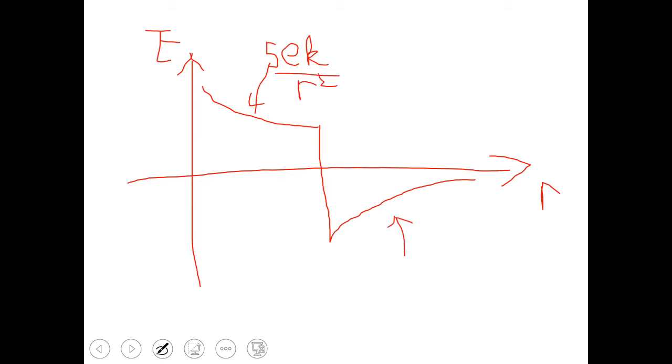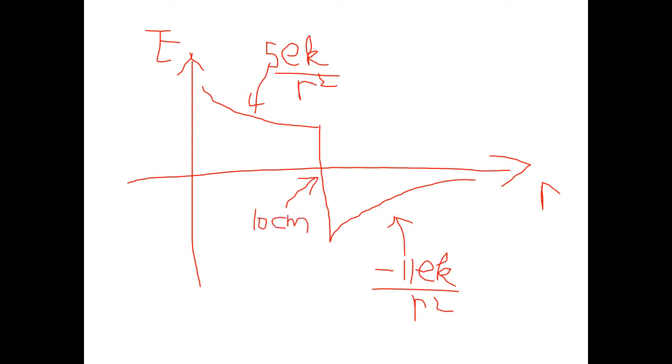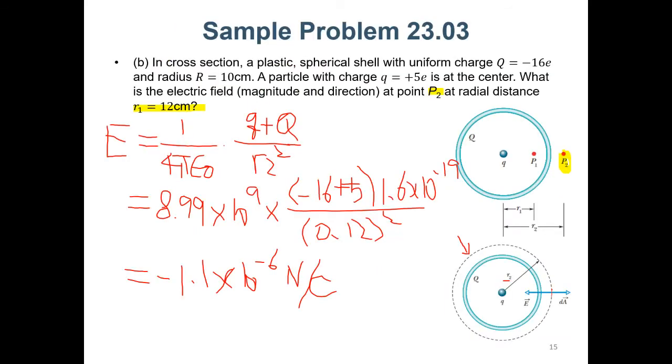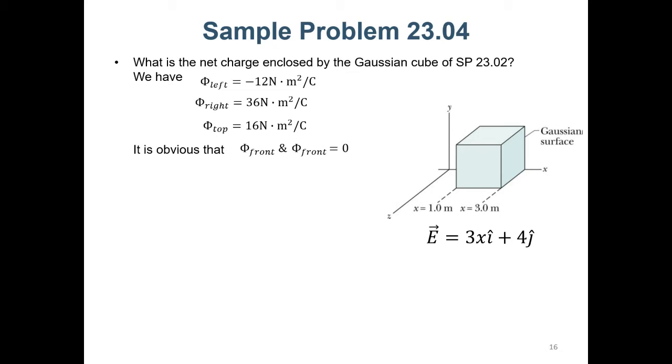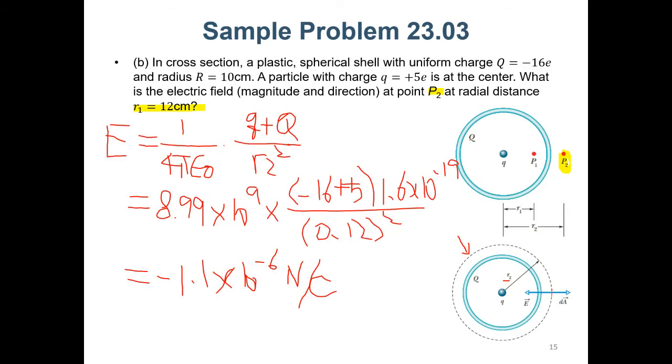This one will be minus 11ek over R squared, and this is 10 centimeter. So if you just draw it up, it will be something like this for this case. And so far, any questions?